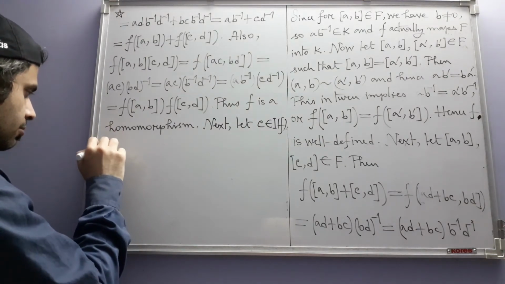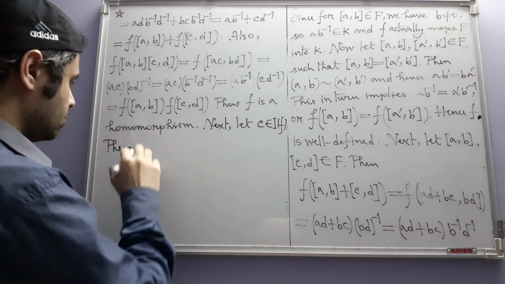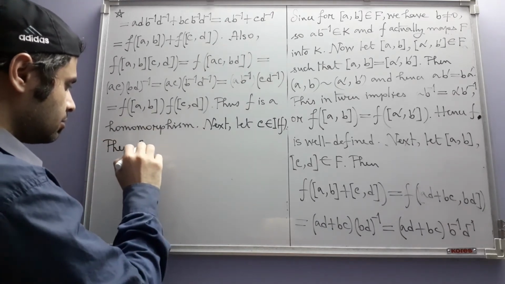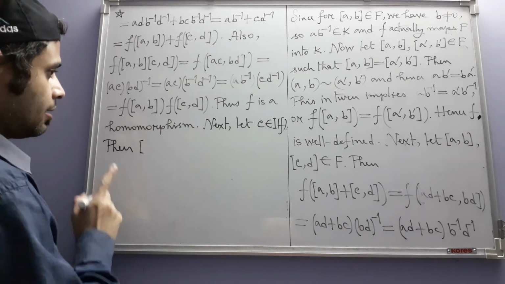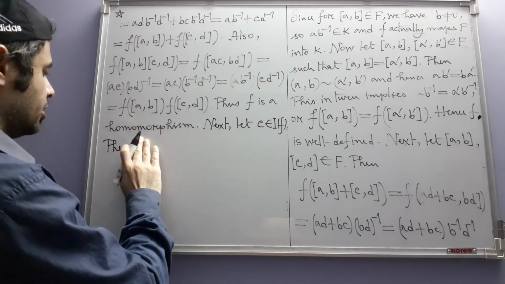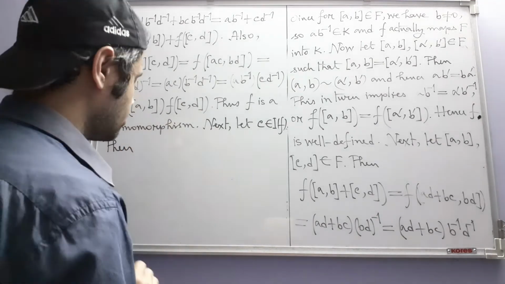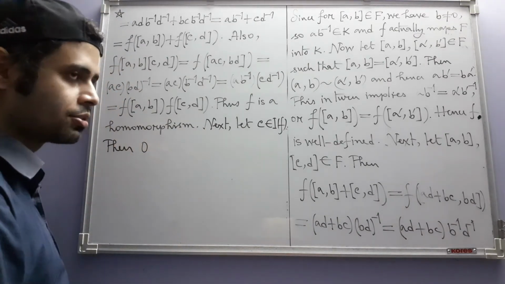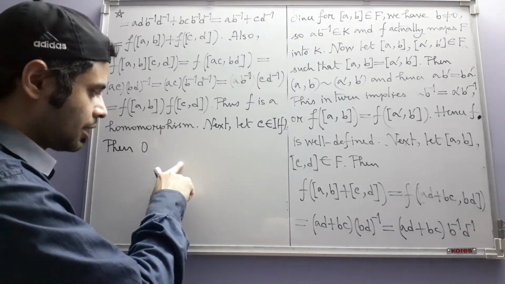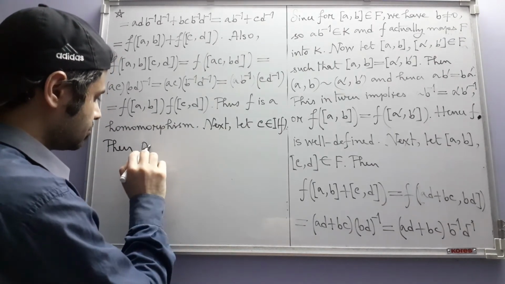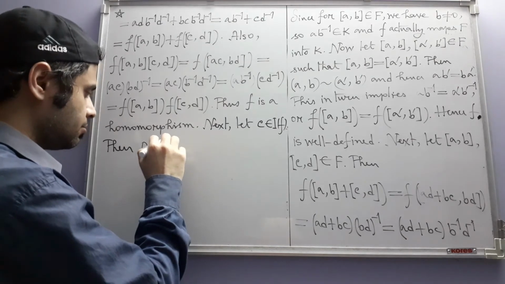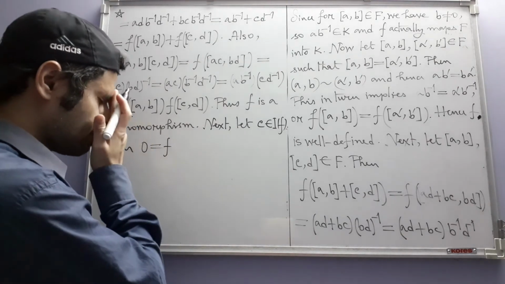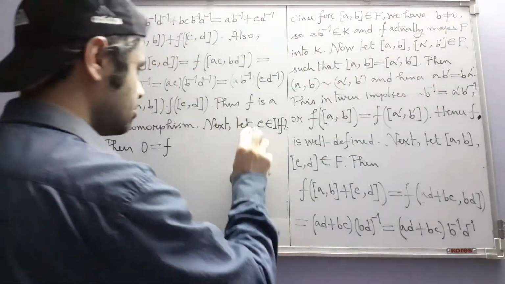Then the zero element in the kernel of f, right. So that means the zero element in K, because we are mapping capital F into capital K, is equal to f of, no, what have I written? Sorry about this.